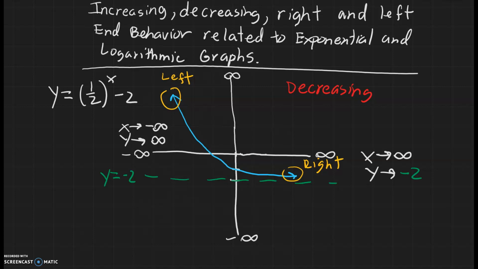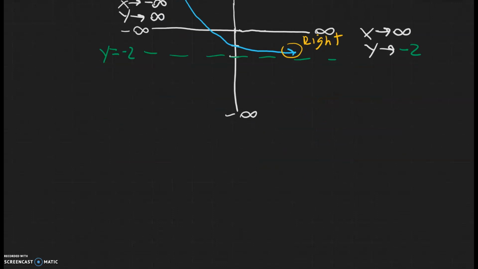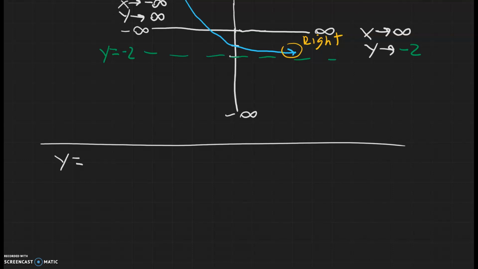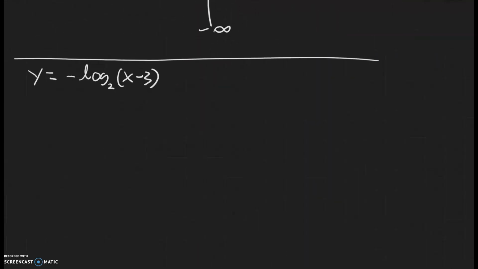Let's look at another graph that's logarithmic. So this time maybe we have y equals negative log base 2 of x minus 3. And this time we know that the graph is logarithmic because it has the word log in it.